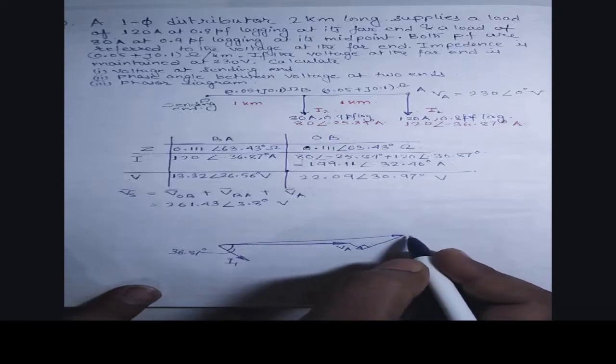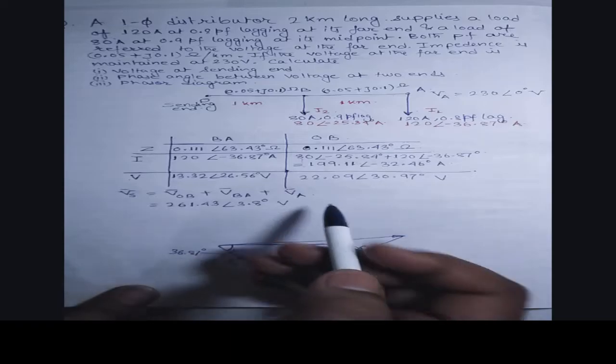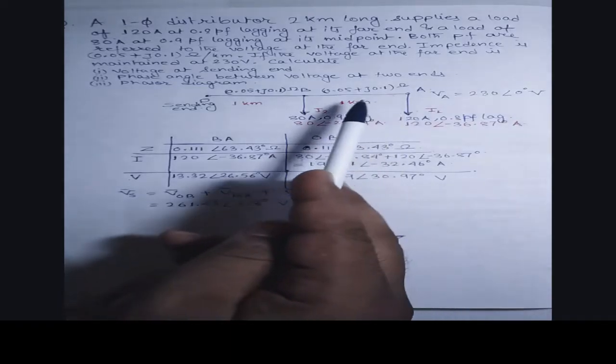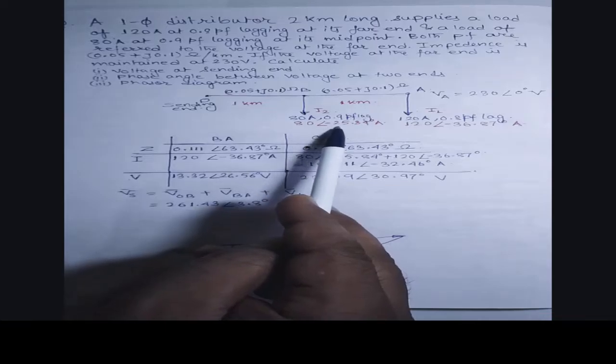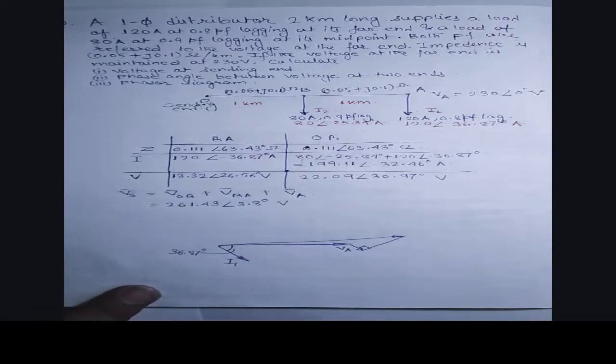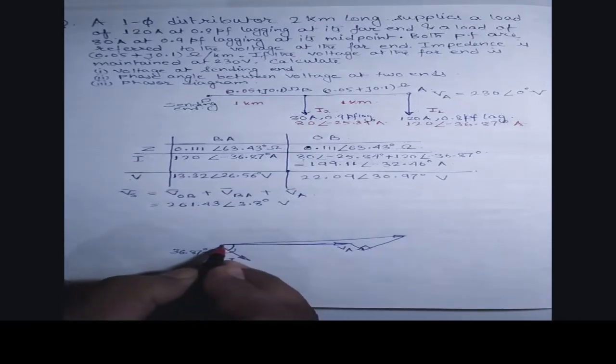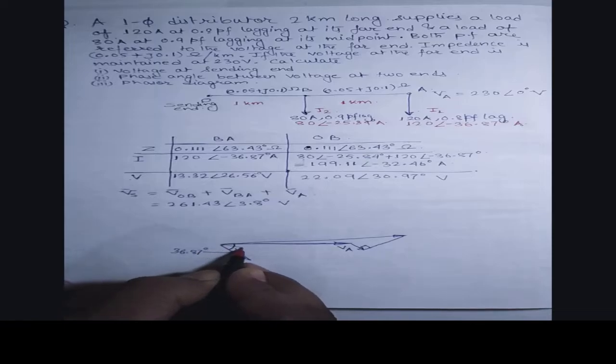Okay. Now moving on. So this is I1. Next we will be doing I2. I2 is where? I2 is minus 25.84. So minus 25 is less than 36, right? So it will be somewhere here.